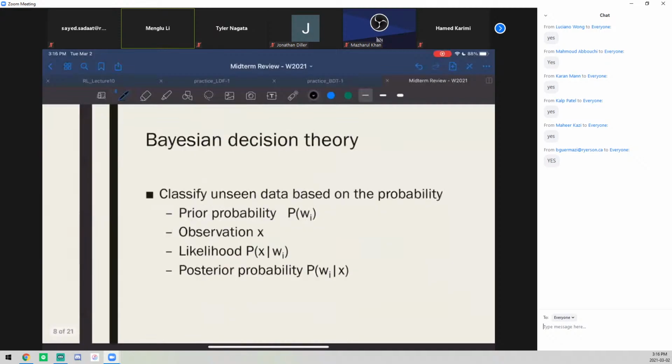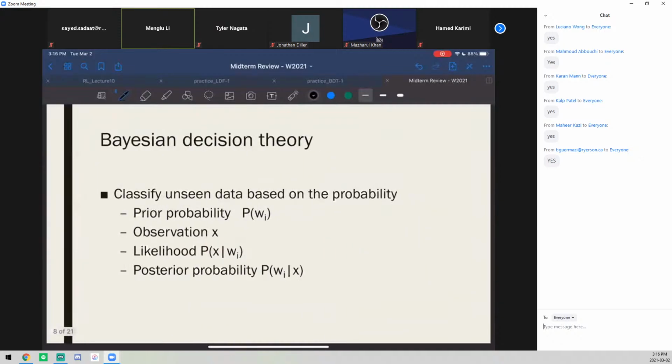And then we go into Bayesian decision theory. This theory classifies unseen data based on probability.